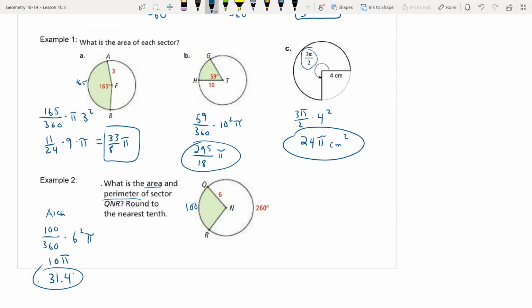Now, for perimeter, we know that this is also going to be 6 because they're both radiuses, or radii. So we need to find this portion here, which is going to be our arc length. So I'm going to do 100 over 360 times 2 pi times 6. Or in other words, I'm going to do 12 times that 5 over 18.